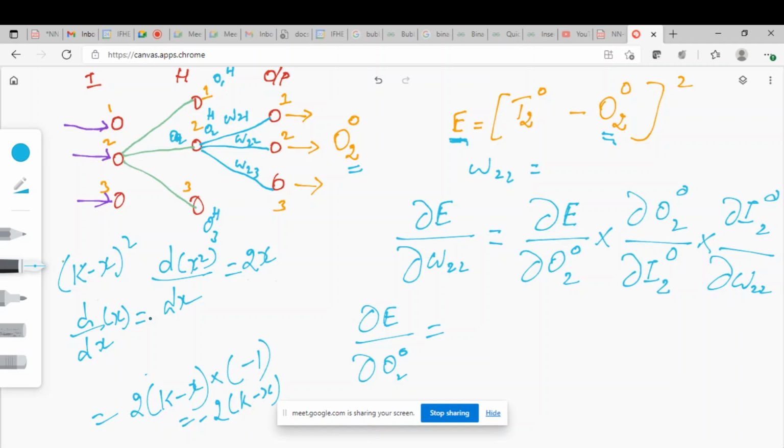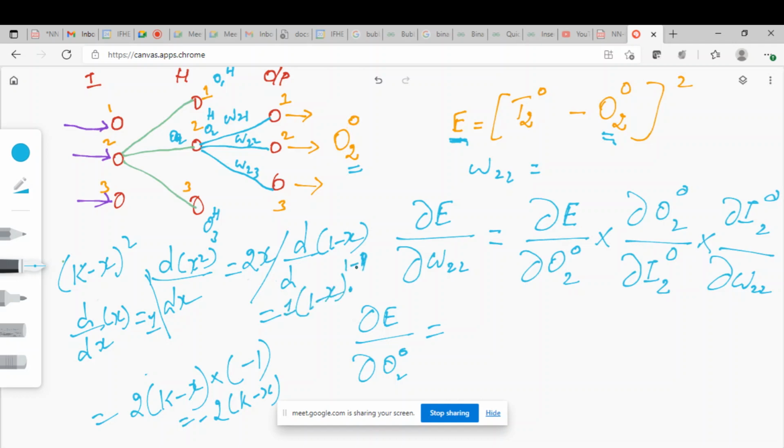Now if you take the derivative of 1 minus x with respect to x, the power is 1, so it will be 1 into 1 minus x whole to the power 1 minus 1, which is 0.